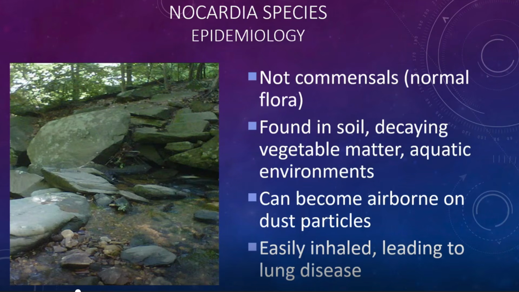It can be found in decaying vegetable matter, in soil, in aquatic environments like what's shown here in the photo. It can become airborne on dust particles, which is a major way that it can be spread through an inhalation route. Inhalation most often results in lung disease, which can have several other complications.